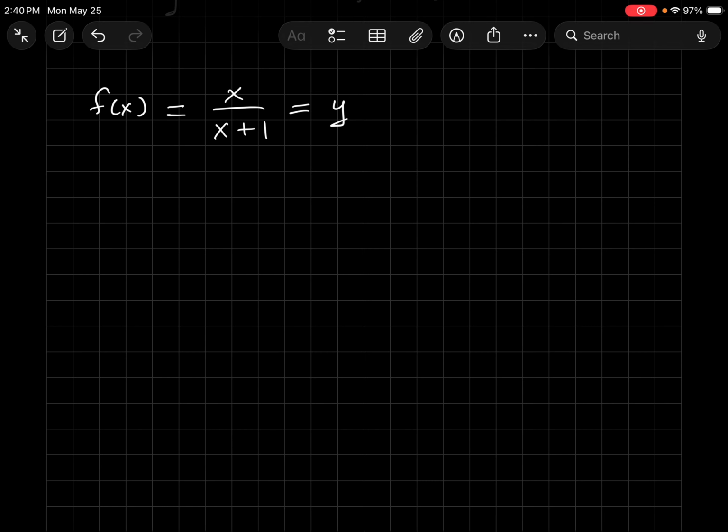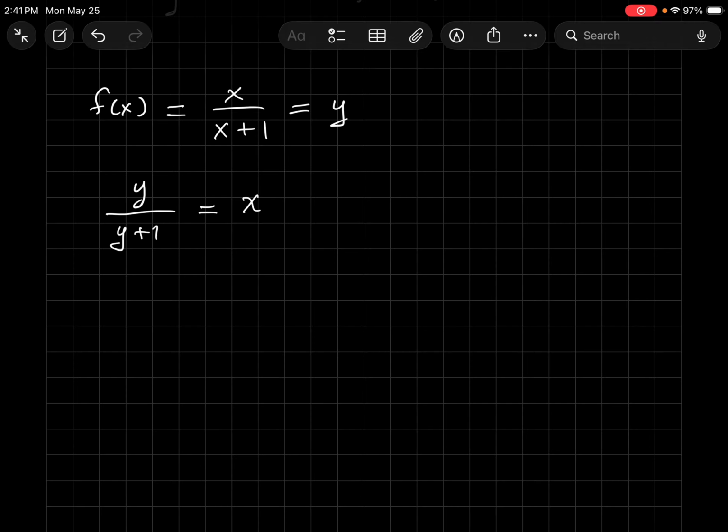Should we do this any differently to find the inverse? The answer is, of course not. We will replace all our x's with y's and our only y with an x, just like we start any other inverse problem.